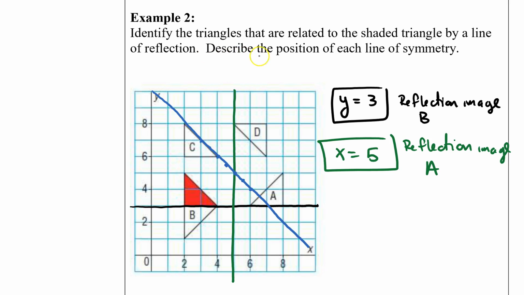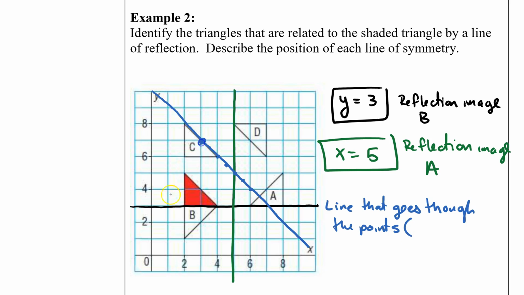Now, it asks us to describe the position of each line of symmetry. In grade 9, we don't have the tools to describe what the equation of the line is. If it's oblique, we can't, but if it's horizontal or vertical, we've got those tools. But what we can say is the line that goes through the points. Let's just pick 2 points.